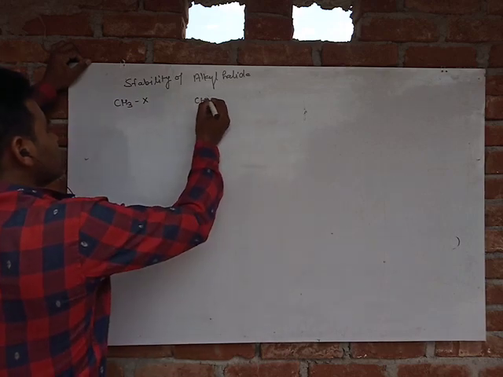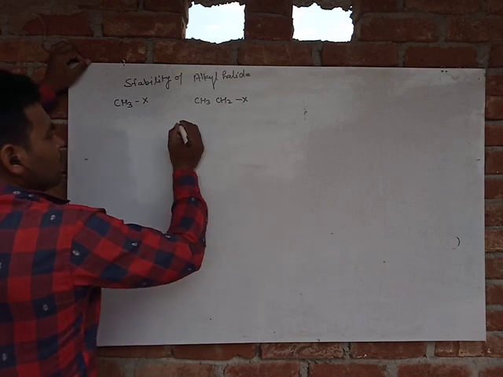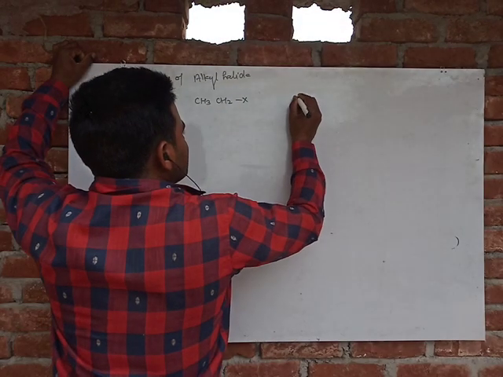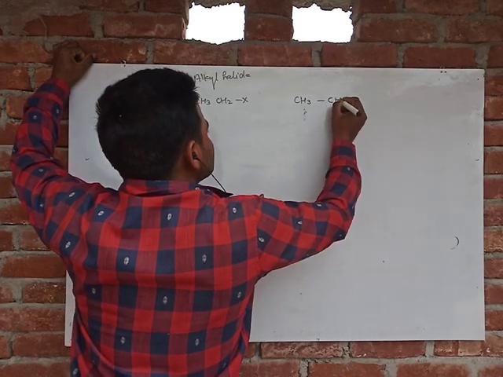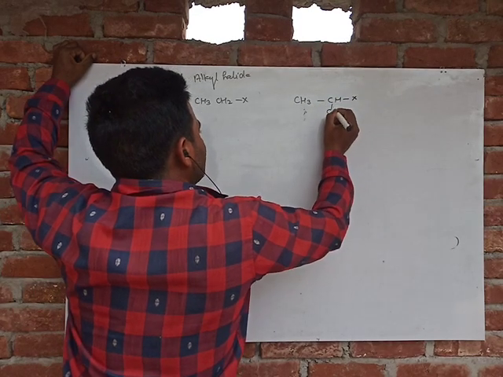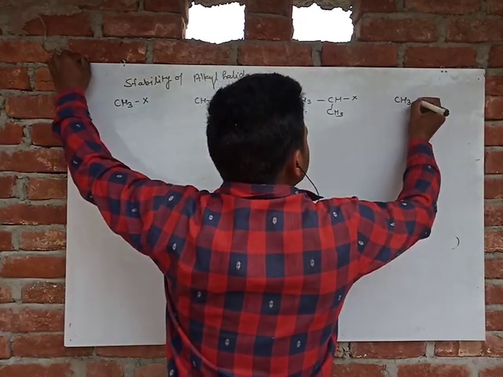This is CH3CH2X, primary halide, and this is (CH3)2CHX, secondary halide, and this is (CH3)3CX.